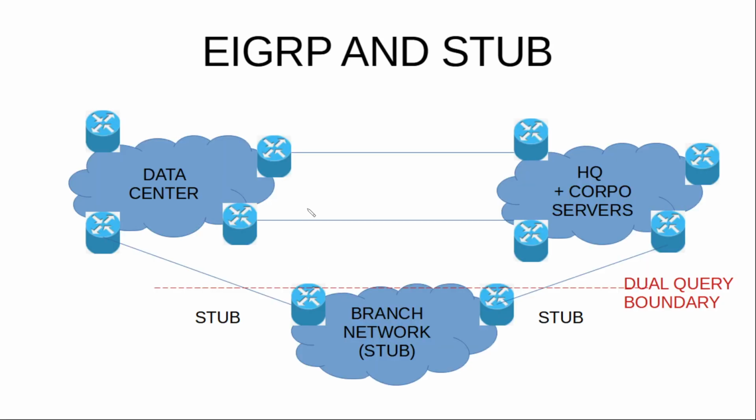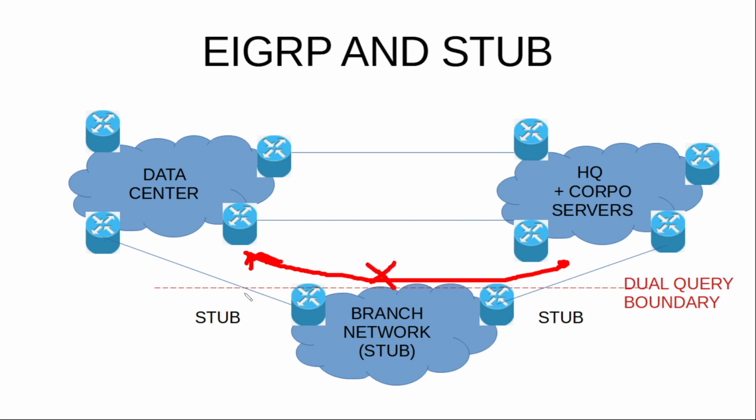So for instance, you may have this EIGRP design where you have a branch network here, but this branch network is connecting to the data center and your corporate network, and you really don't want this branch network to ever become a transit network between these two other networks.